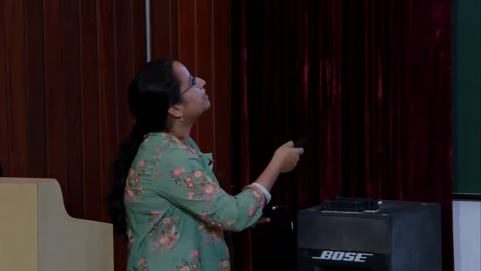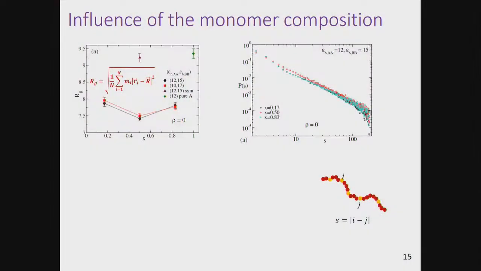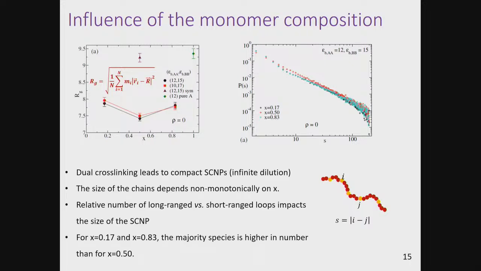So in the other two cases, simply because the number of majority species is more, they can see each other at shorter contour distances, and so their probability of forming these short range loops is better as compared to x equal to 0.5. So in some sense that is leading to this non-monotonicity that we observe here. So because this x equal to 0.5 case is involving long range loops, it is having a lesser size.